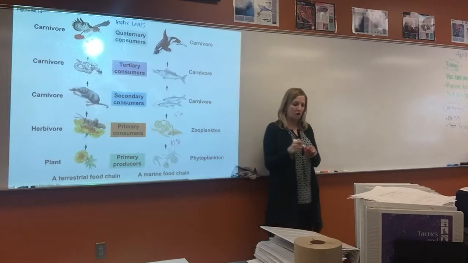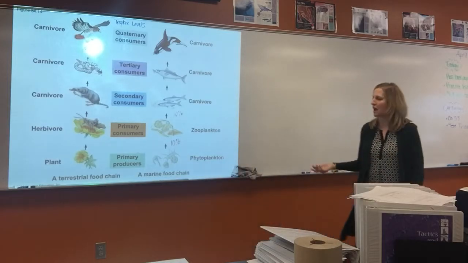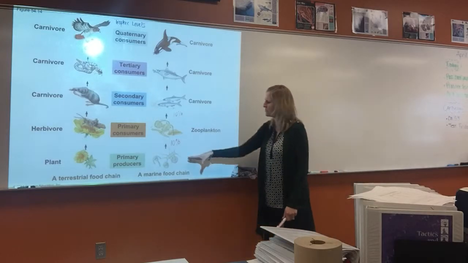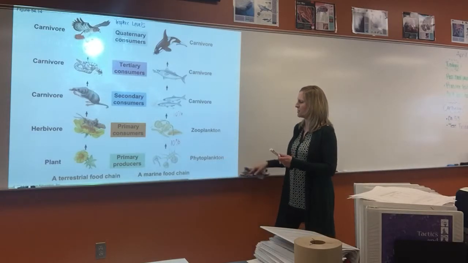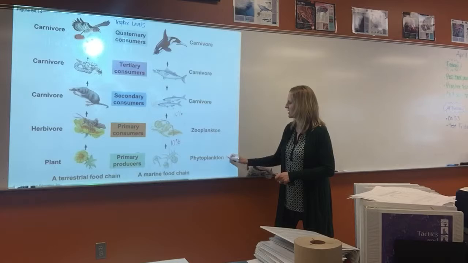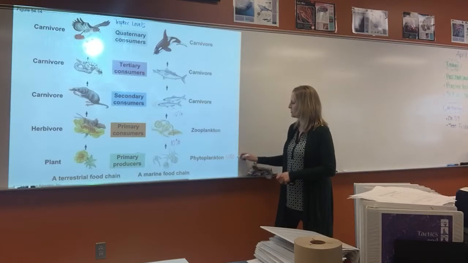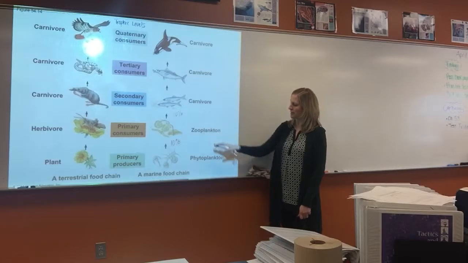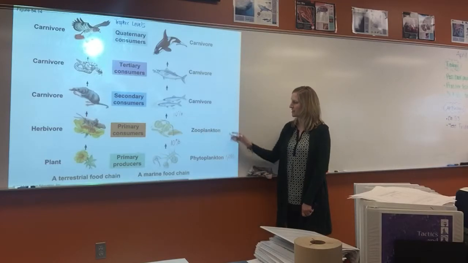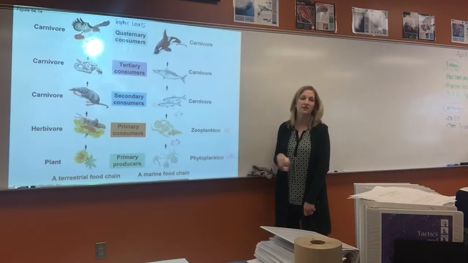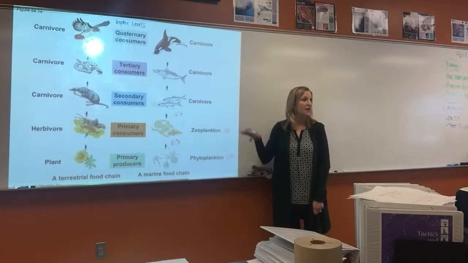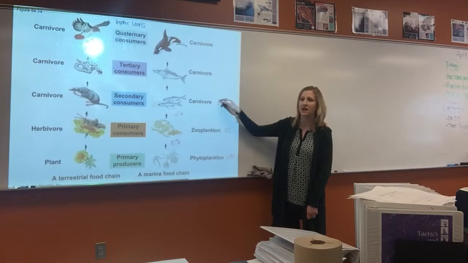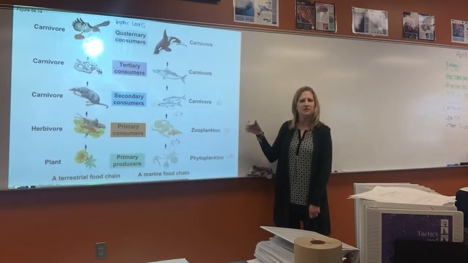And so therefore, if you start out with a certain amount of energy in the phytoplankton, let's say 1,000 joules, then when the zooplankton eat the phytoplankton, only 10% of that is transferred, so that would be 100. And then when the carnivore eats the zooplankton, 10% of that is transferred. Does that make sense?